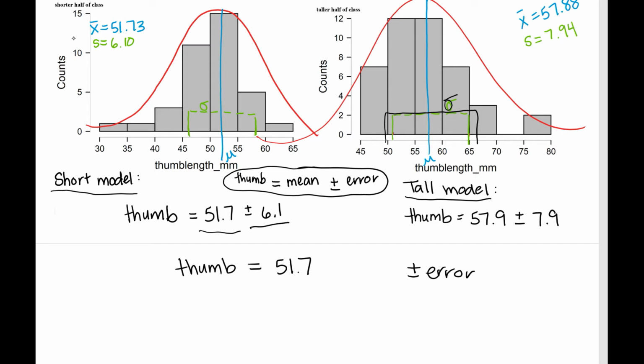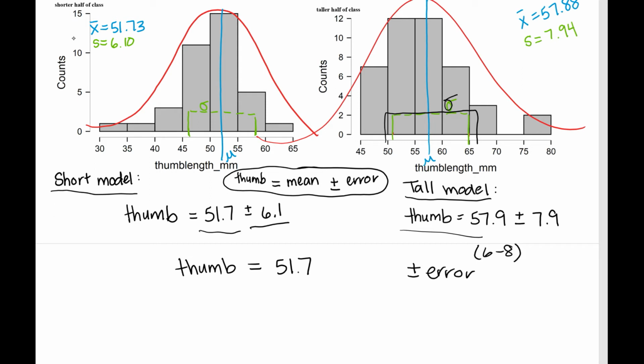Based on these numbers, it's probably somewhere between 6 to 8, if we were really to find it for the whole population. So we have this mean plus the error, but how is this different from just the short model? We need to adjust it to account for the tall model as well.